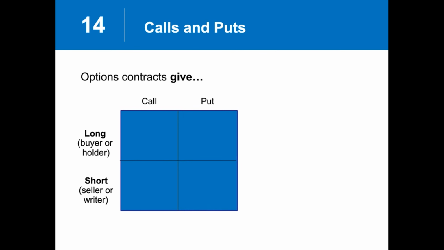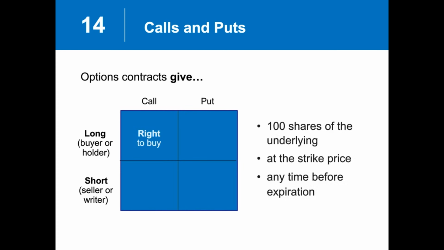So a long call buyer has the right to buy 100 shares of stock at a specific price within a specific period of time. The put buyer has the right to sell the stock at a specific price within a specific period of time. We're repeating this from the previous slides, but what I like about this slide is it breaks it all down into one neat table for us.